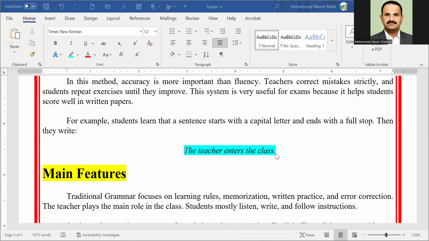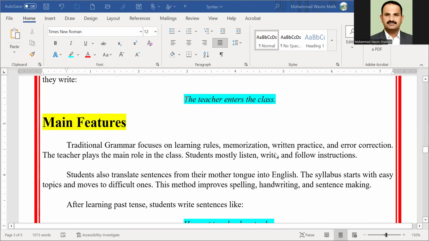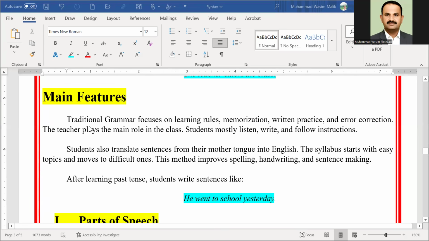Teacher enters the class, like class, after the class there is full stop, so the students are able to write a capital letter as well as they are able to put full stop at the end of the sentence. Main features: traditional grammar focus on learning rules, memorization, zabani yaad karna, written practice, and error correction.